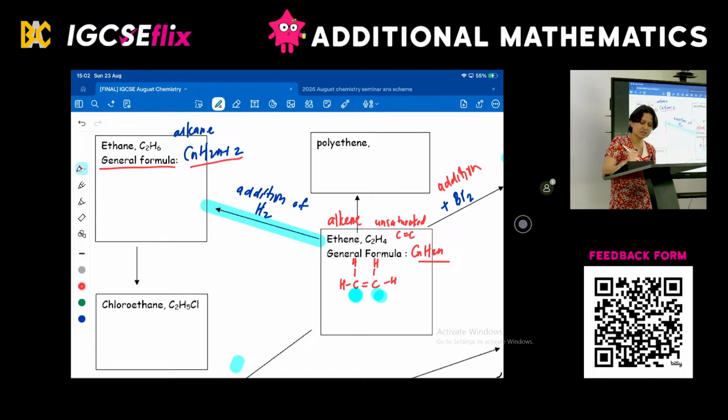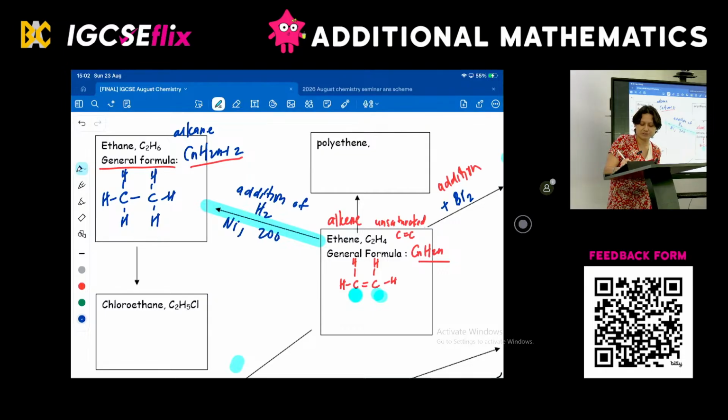If they ask you the displayed formula, displayed formula is not the same as structural formula. Structural formula is the one you write CH3, CH2, CH2, CH3, OH like that. That is structural formula. Okay. When you add hydrogen, what are your conditions? Hydrogen, catalyst, nickel.